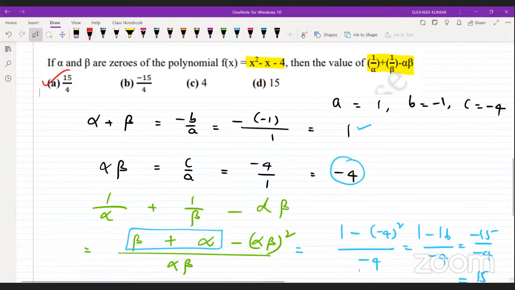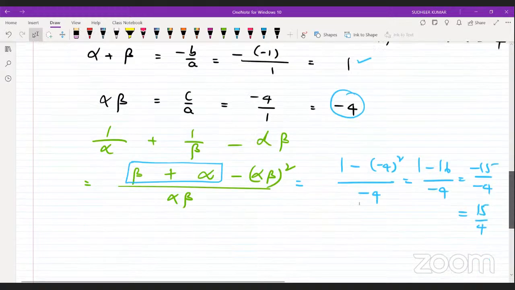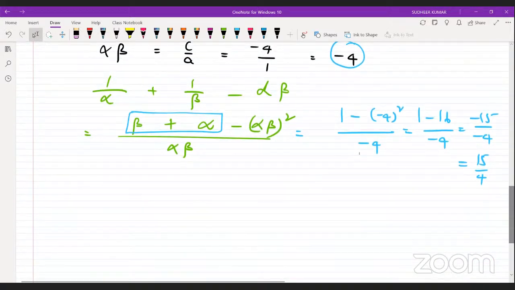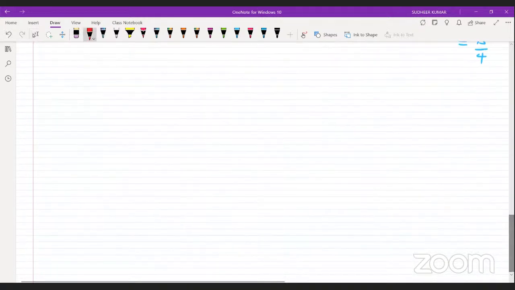Right? Next. Yes, ma, 15 by 4 is the correct answer. So the screen is not visible properly.